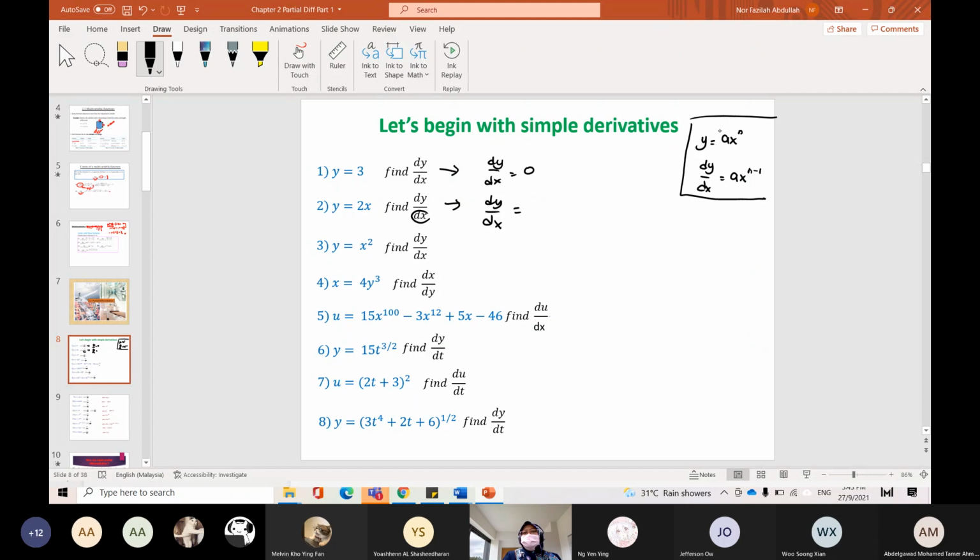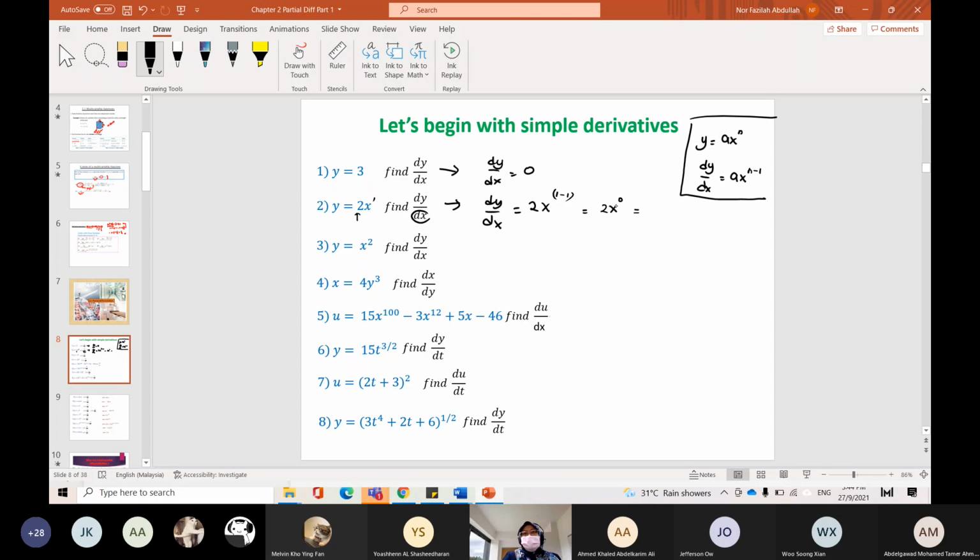Here a is the constant. So for example here, 2 is a constant, so you multiply by 2x. If nothing is written here, it means that the power is equivalent to 1. So 1 minus 1 is equal to 0, so 2x to the power 0.